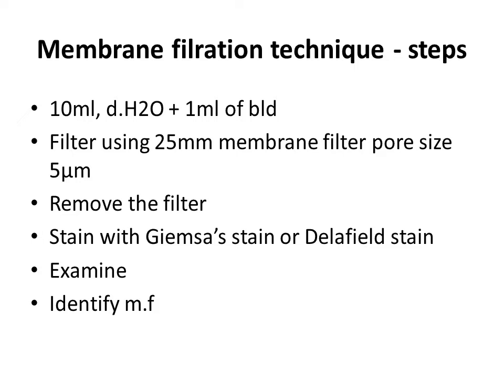It is the same as filtration using filter paper, which normally laboratories use, but filter paper is opaque, not transparent, whereas the membrane filter is very transparent, so after staining you can easily observe under the microscope.